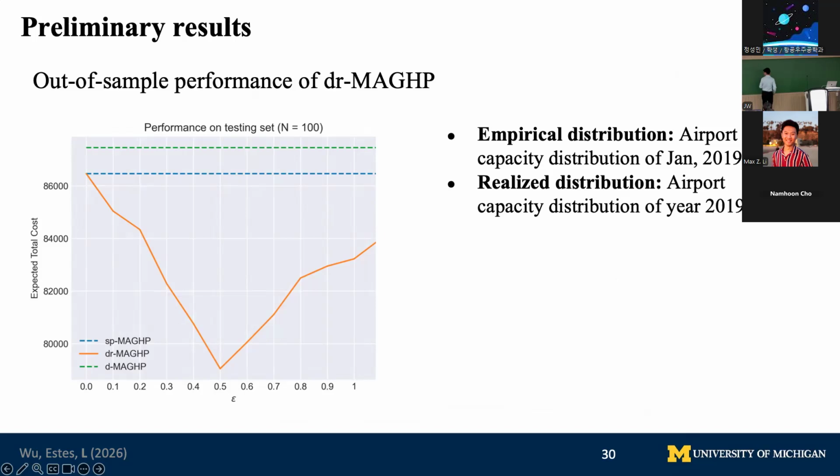Is there a chart? Oh, I see it. Okay. So the picture that I would have in my mind is, you have some space, and you have your p-hat distribution, and you are basically expanding this epsilon ball.